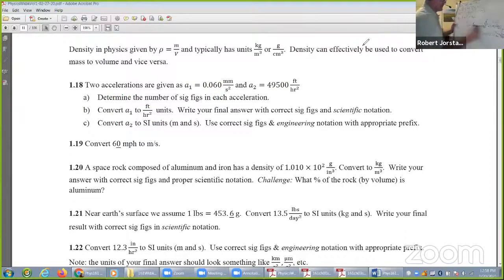And again, if I'm going too fast, you do have the live stream to look at later, so you can slow it down there. 1.18b, we're doing together. Convert 0.060 millimeters per second squared to feet per hour squared.